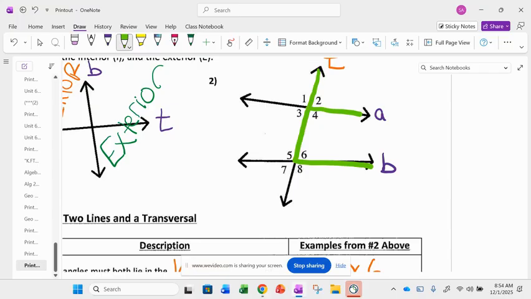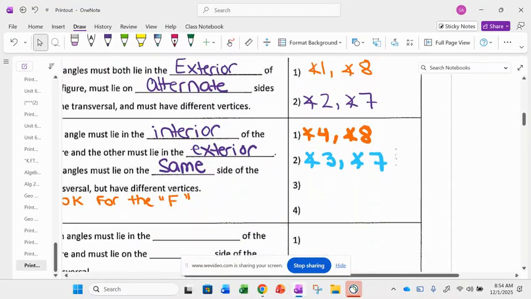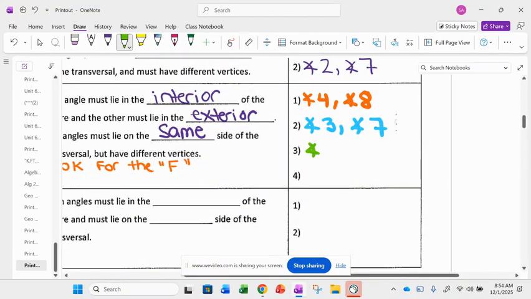Which angles are in the armpits this time? Not Stella, somebody else. Jack. 2 and 6. Very good. The other side.